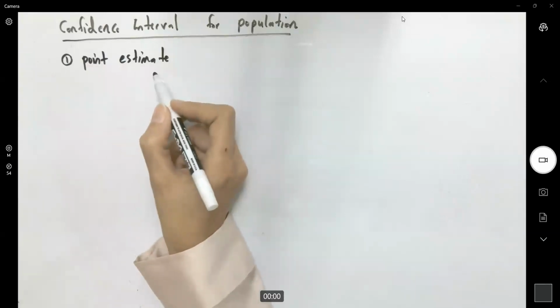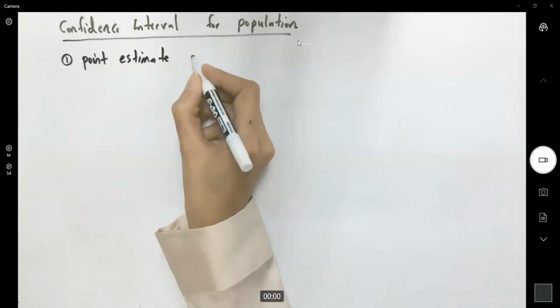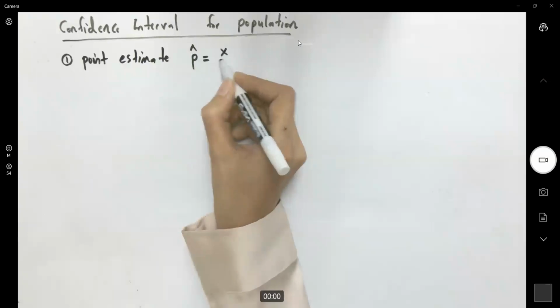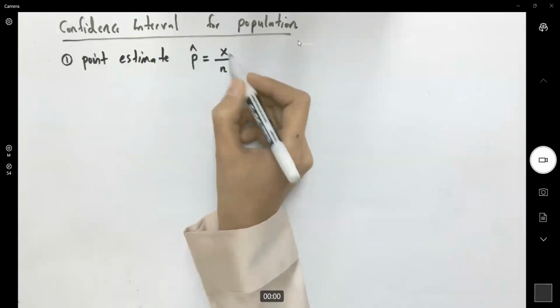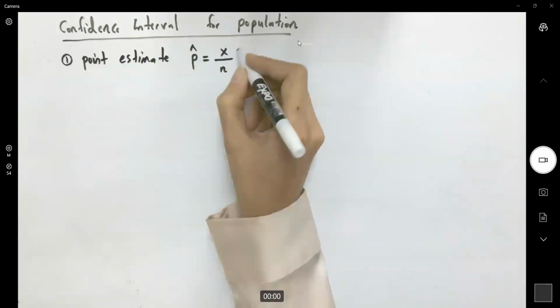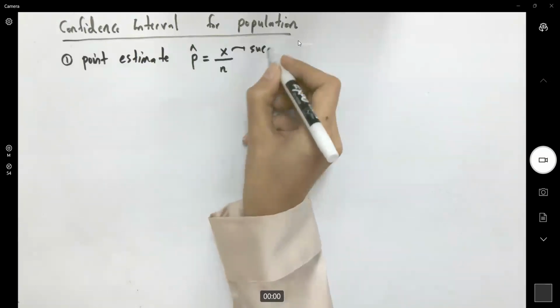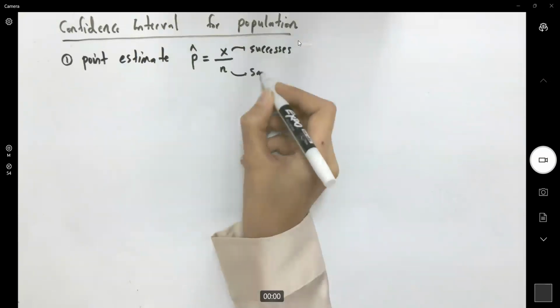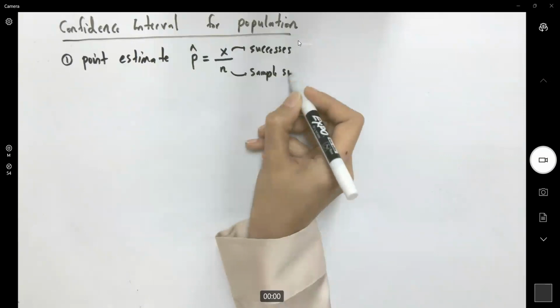The point estimate for the population proportion is denoted by p hat, which is equal to x divided by n, the number of successes that we have divided by the sample size.